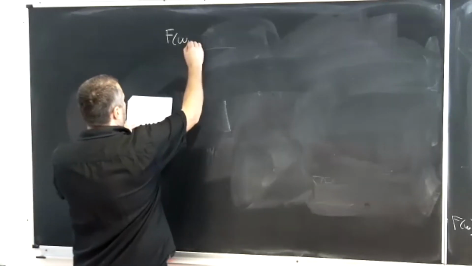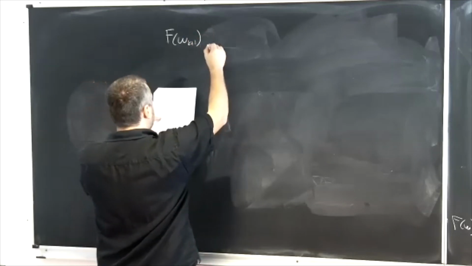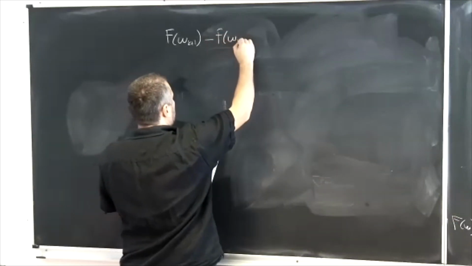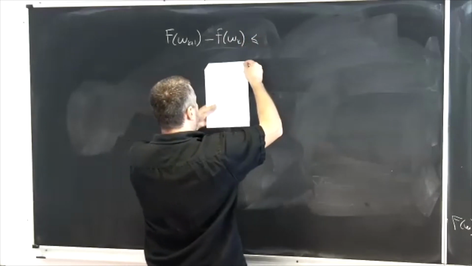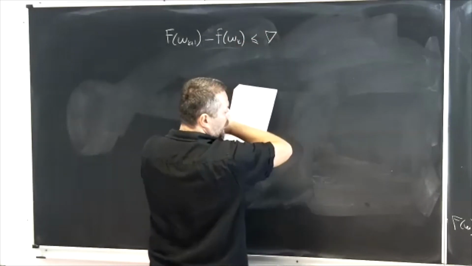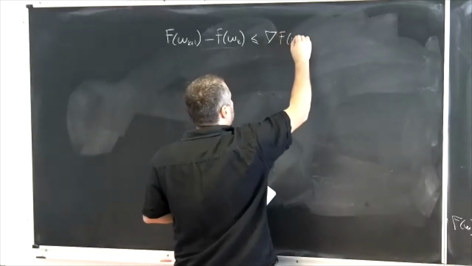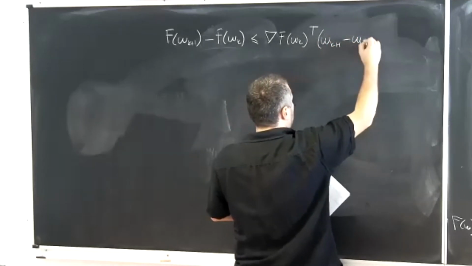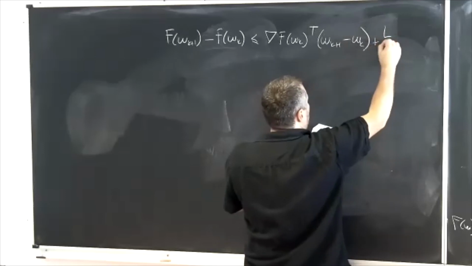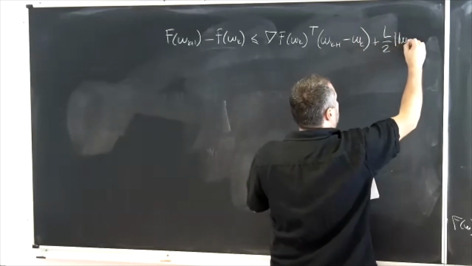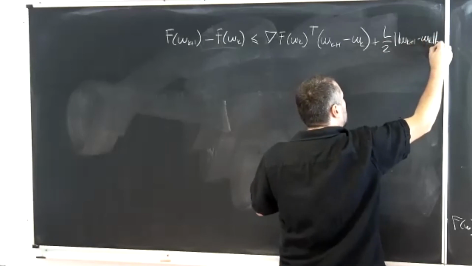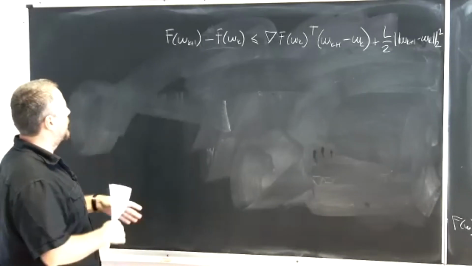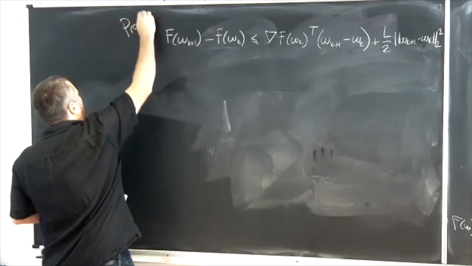So for any two points, in particular for ω_{k+1} and ω_k, if I move f(v) to the left, then f(ω_{k+1}) is smaller than or equal to f(ω_k) plus the gradient of f at ω_k transpose times ω_{k+1} minus ω_k, plus L over 2 times the norm of ω_{k+1} minus ω_k, squared. It's just the Lipschitz continuity. Proof of the lemma.